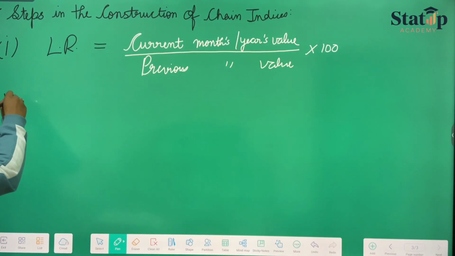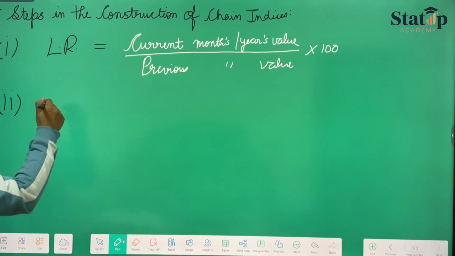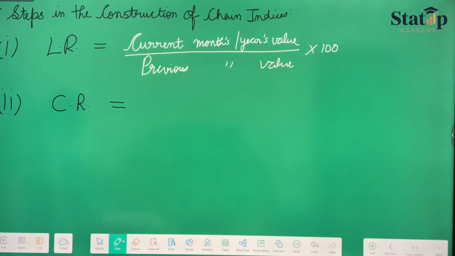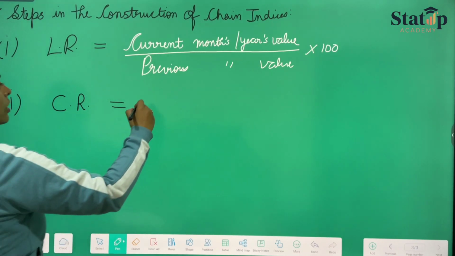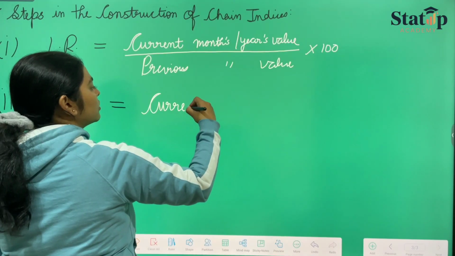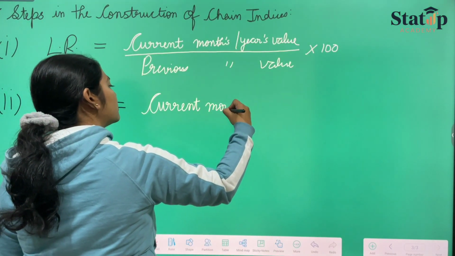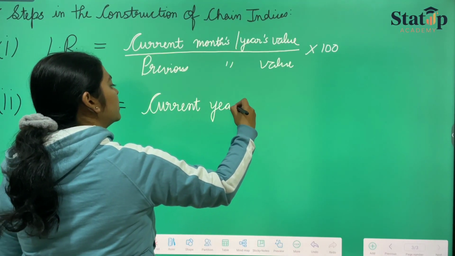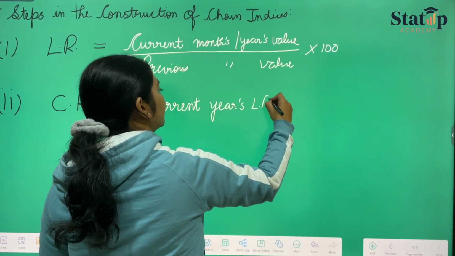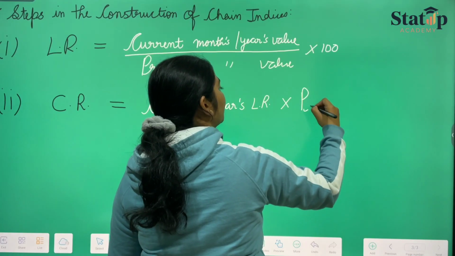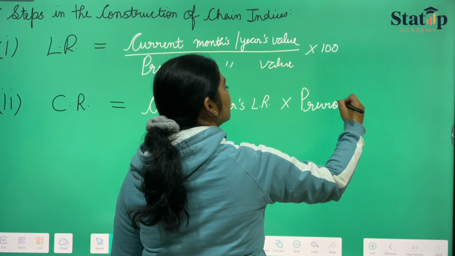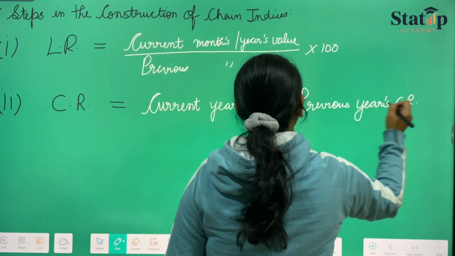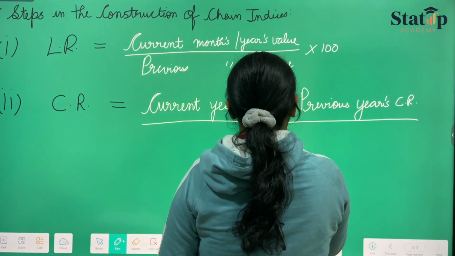Then the second step would be the calculation of chain relative, which is represented by CR. Chain relative can be written as the current year's link relative into the previous year's chain relative, upon 100.